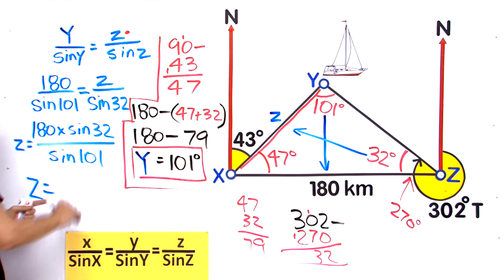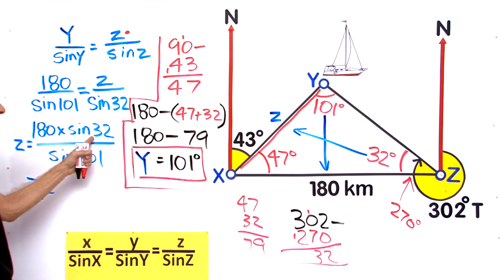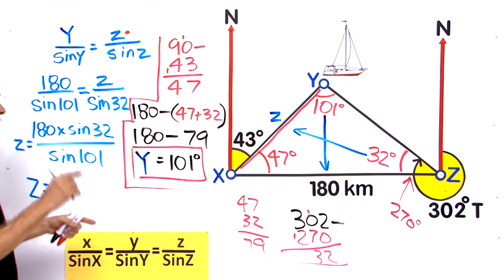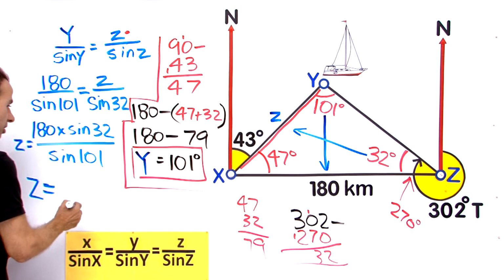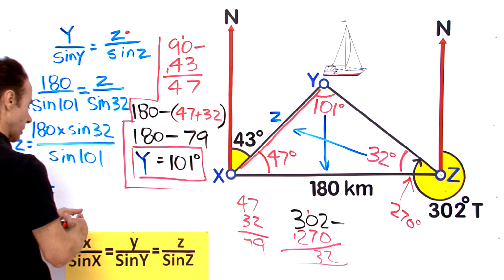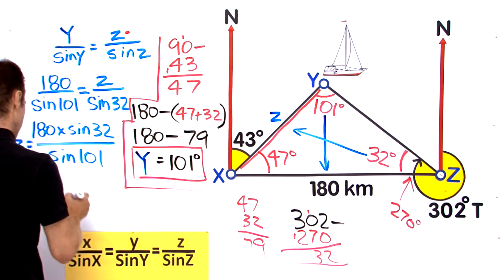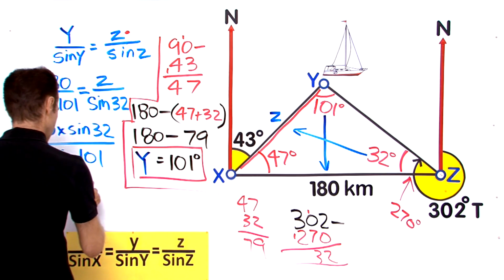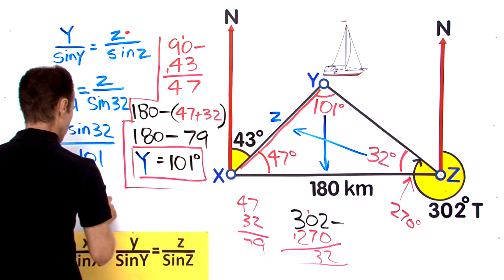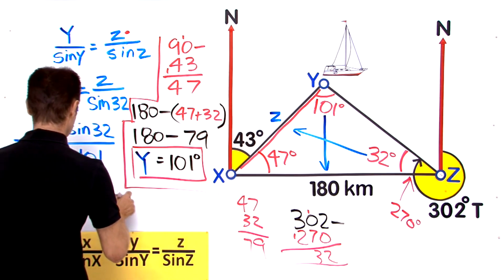Okay, so multiplying 180 times sine 32 divided by sine 101 on your calculator, that's going to give us that distance there, z, to 2 decimal places.